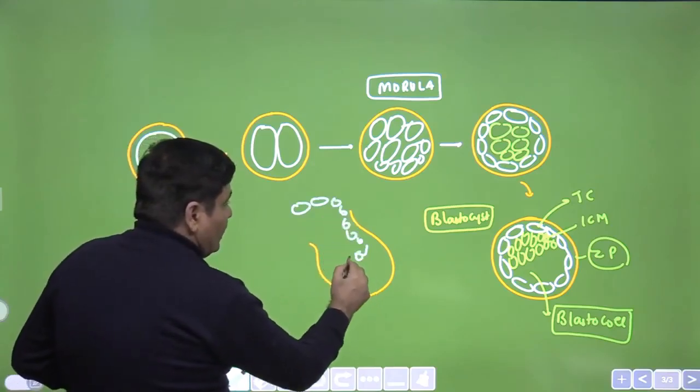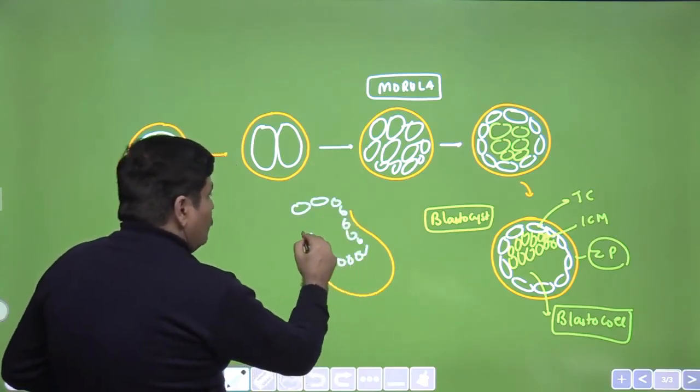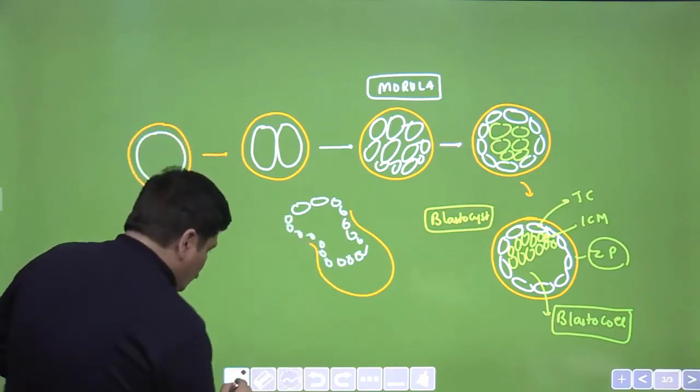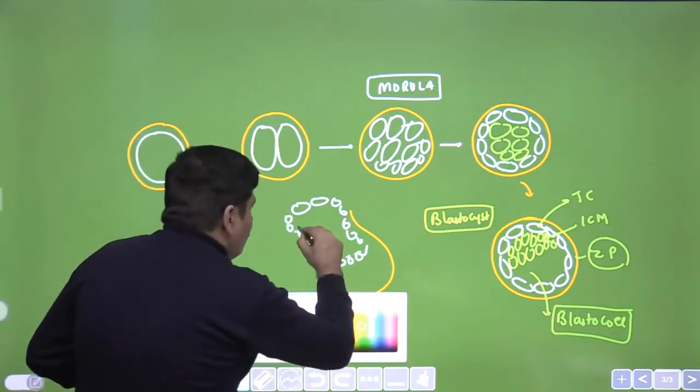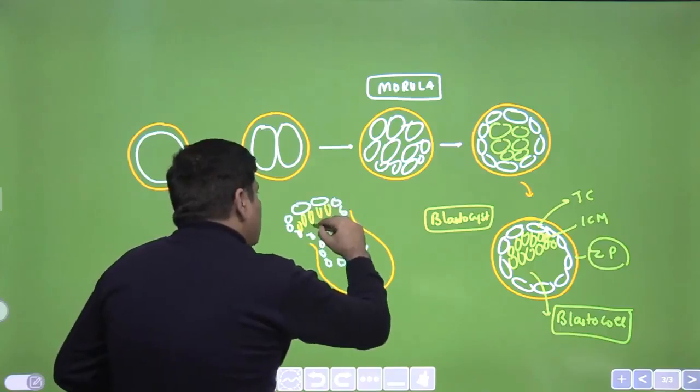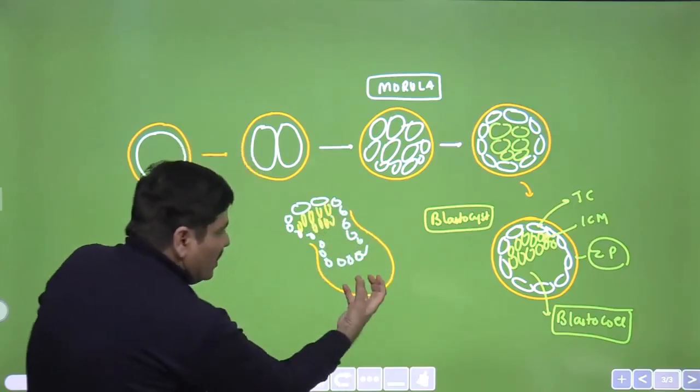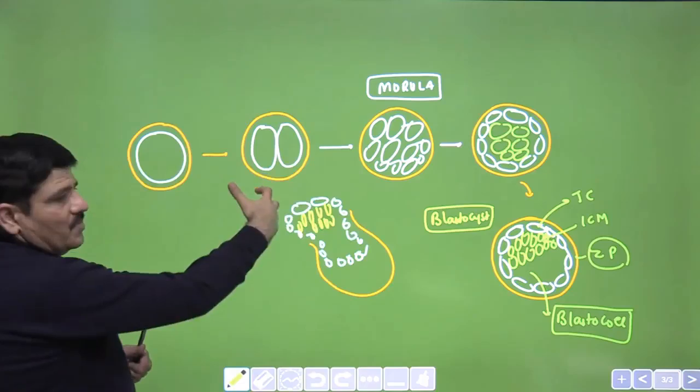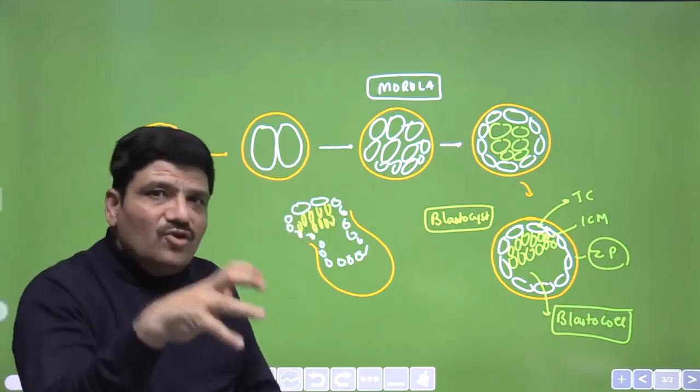I hope you are getting the idea that this would be the hatching of the blastocyst, and obviously there would be some inner cell mass cells here as well. As you can imagine, this blastocyst is coming out, and this is happening in the uterus.